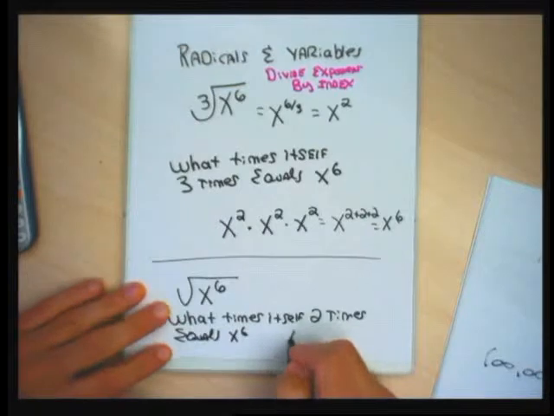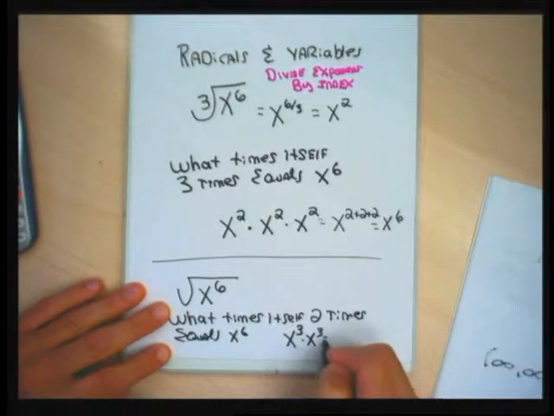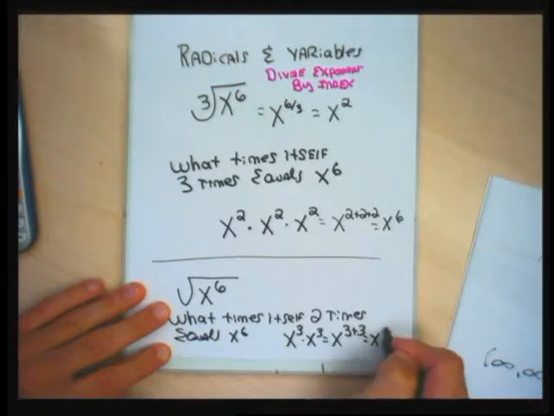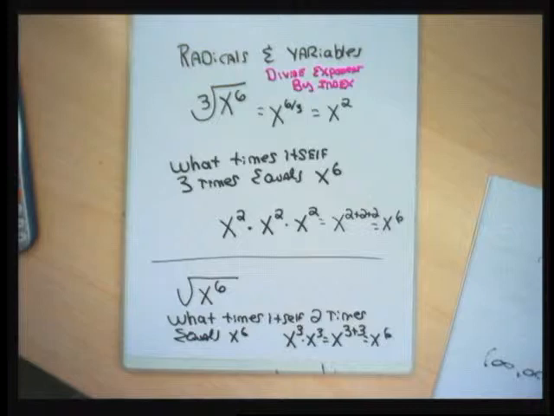The answer is x cubed, because x cubed times itself 2 times, you add the exponents and you get x to the 6th. Just like the problem above it, if you can divide the exponent and the index and not get a fraction, that's how I want to reduce the radical.